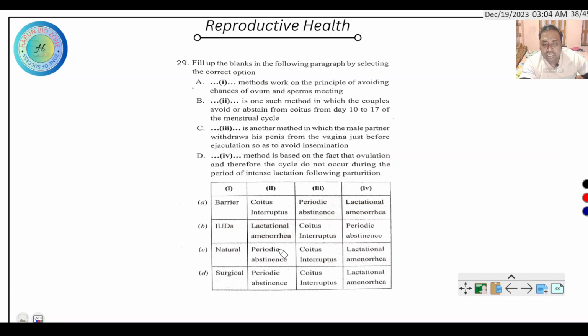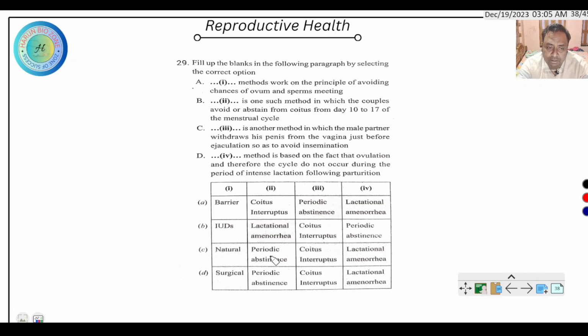This is periodic abstinence, because during the menstrual cycle, days 1 to 5 mean bleeding occurs, then the follicular phase occurs, when estrogen is produced and the graafian follicle develops. Within days 13 to 15 the egg is released, and after days 15 to 28 the luteal phase occurs. So periodic abstinence means staying away from the fertile period, avoiding coitus from day 10 to 17.